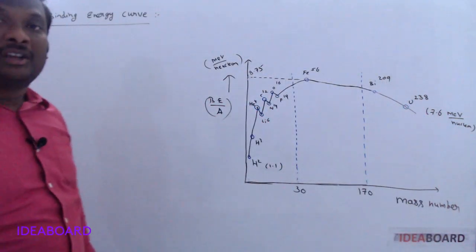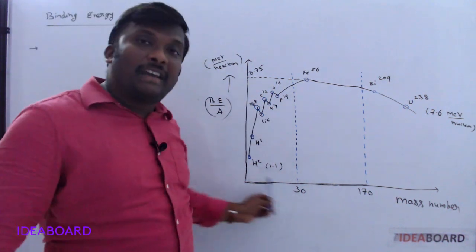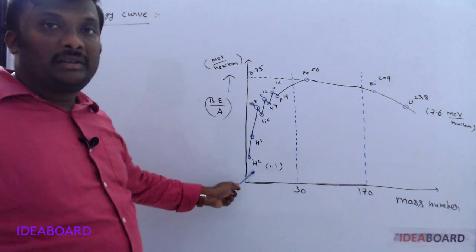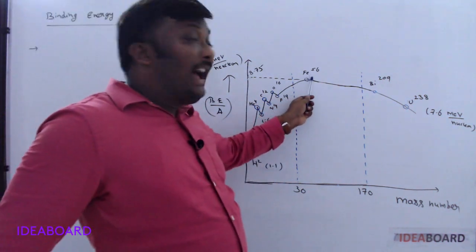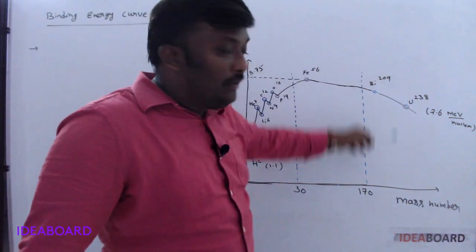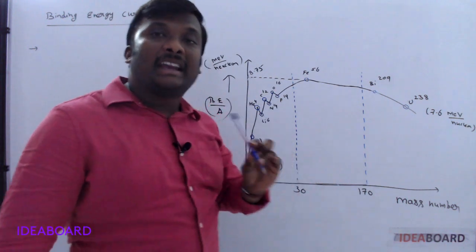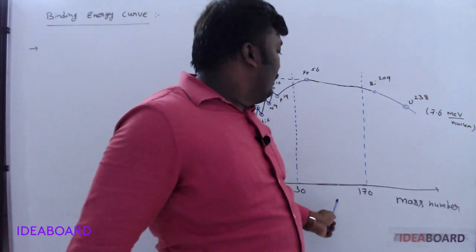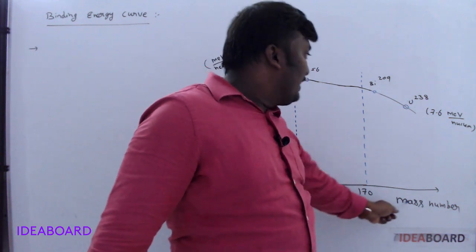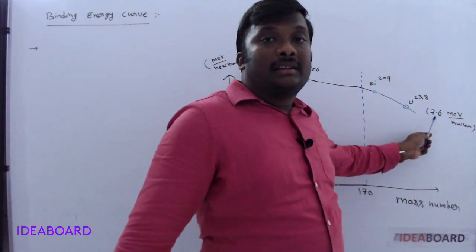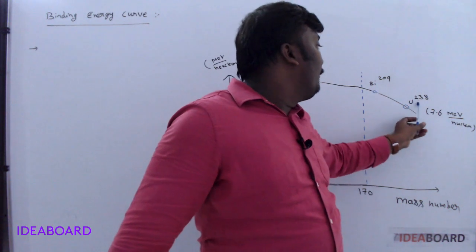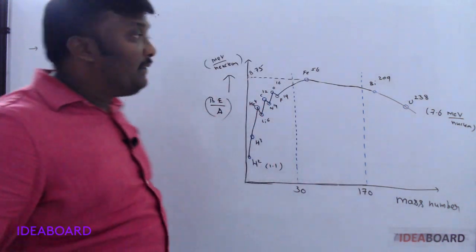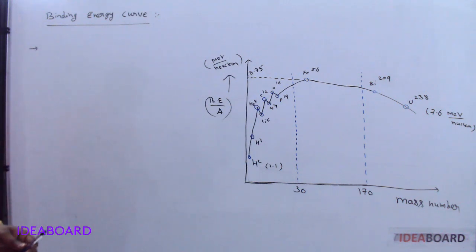Understand? Which one has the least binding energy per nucleon? Deuteron. Highest? Iron. Among all mass numbers, iron has the highest stability. And the value decreases with mass number, and for uranium 238 it is 7.6 MeV. These are the first points.